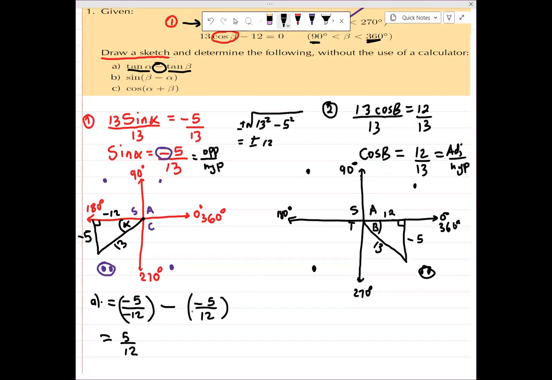Then this negative and that one will give me a positive, which will give me 5 over 12 again. So the denominator is common, so I can say 5 plus 5 all over 12, which is 10 over 12, which is 5 over 6, right?